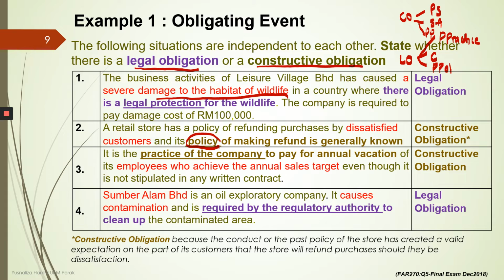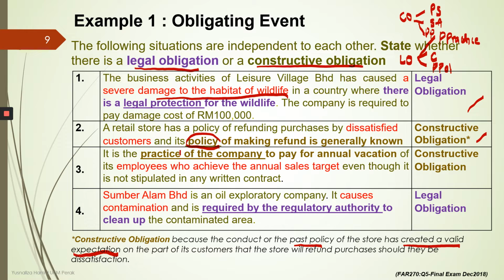And you can read at the bottom here, the past policy of the company has somehow created a valid expectation that the company will refund purchases to customers if they are dissatisfied.